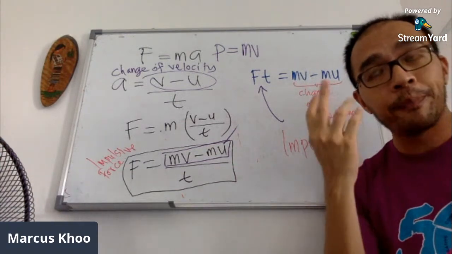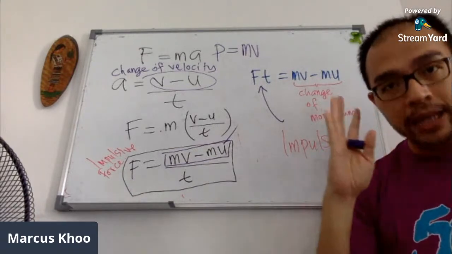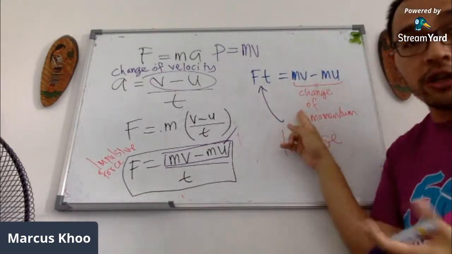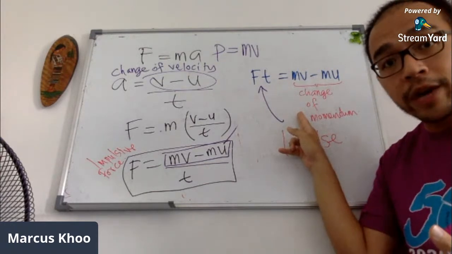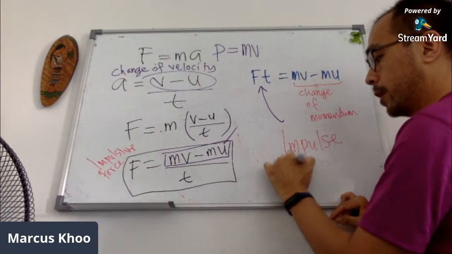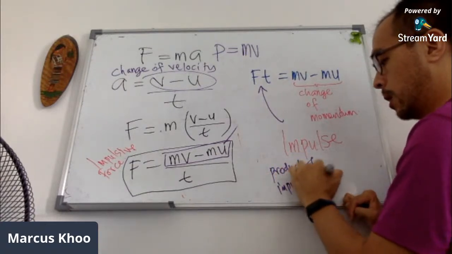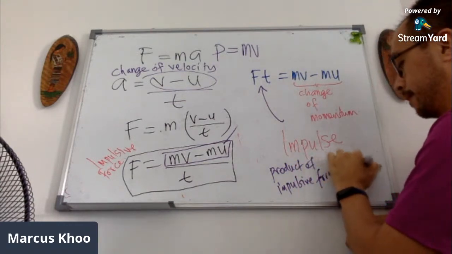Another way to find out what impulse is, is to multiply the impulsive force with time. So there are, I would say, two definitions, but actually this book gives us one only. The actual definition for impulse is just the change of momentum. But another way that you can write it is this product of impulsive force and time.